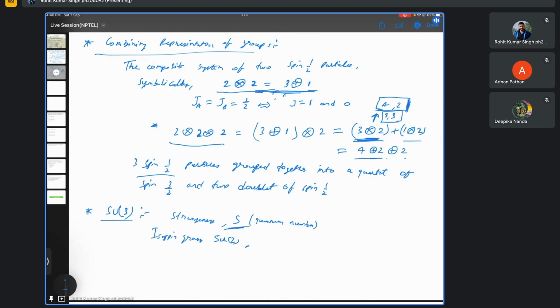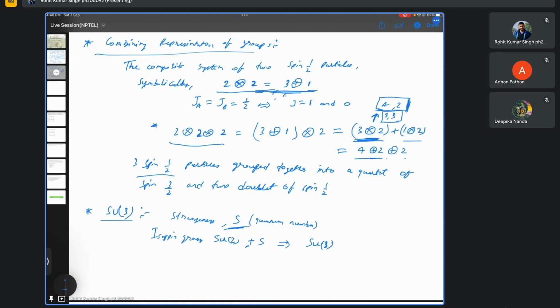So that's why we needed SU3, which will account for this strangeness quantum number also.